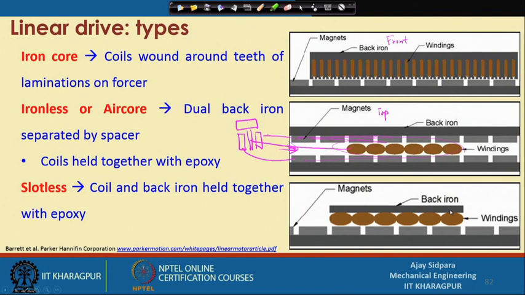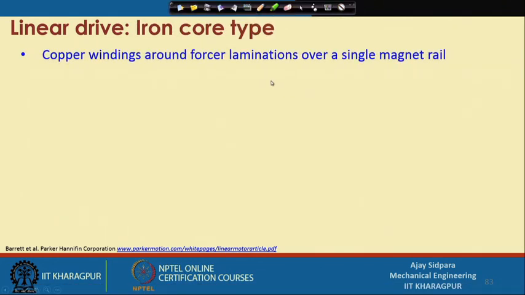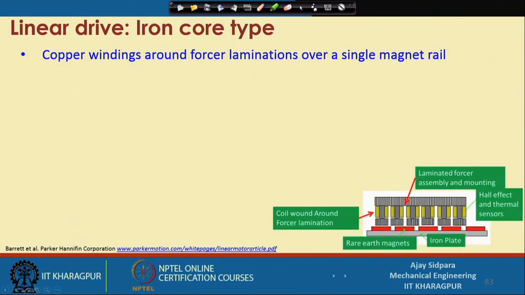So, let us discuss each one with its separate advantages and disadvantages. Right. So, the first one is the iron core. This is the schematic diagram of what we have seen in the last part. This is the laminated forcer, and this is the coil around the forcer lamination.